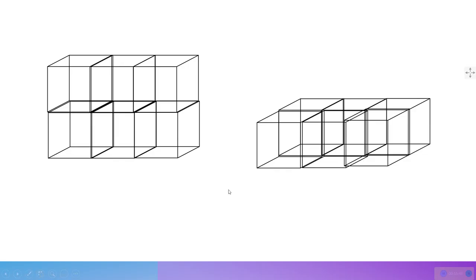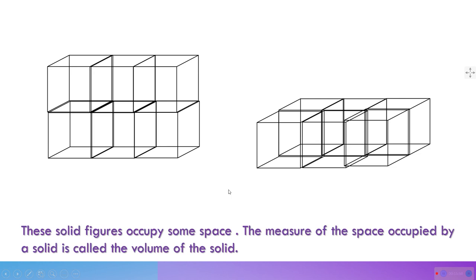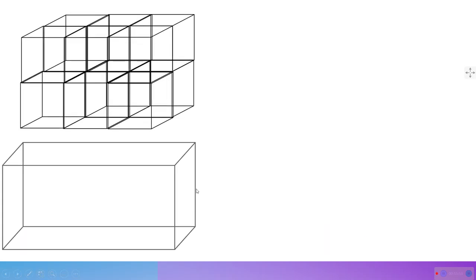If I figure out the exact structure of this, if I convert these pieces, 6 pieces of cube, into a real cuboid, it may look like this. Is it not? And I will write the length over here as 3 centimeter, breadth over here as 1 centimeter, height over here as 2 centimeter. I derived it from here.